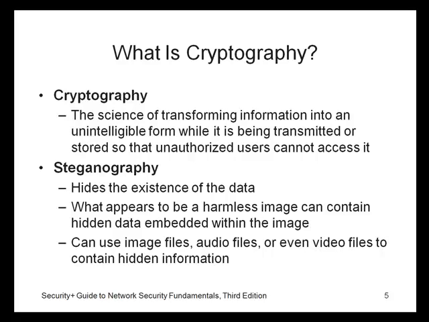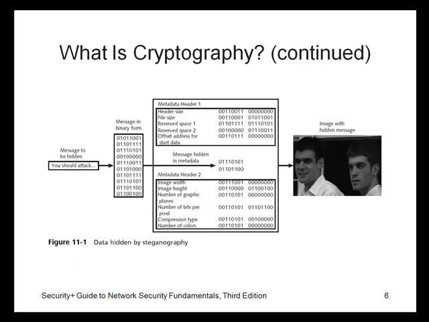So it goes from a picture to something that's pretty ugly. You can use image files, audio files, and even video files to contain the hidden information. And this is one of the techniques that is actually in use today. The little lab that you have hopefully is going to demonstrate this.